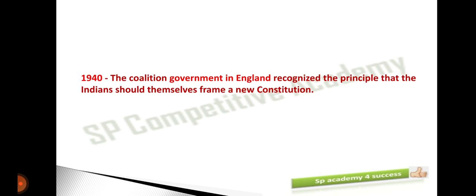They accepted that Indians should have a separate constitution, and for framing this constitution, they should have a Constituent Assembly. And one more point here: they also extended that if Indians seek any help from the Britishers, they are ready to give the help. This was the point given by the Britishers.